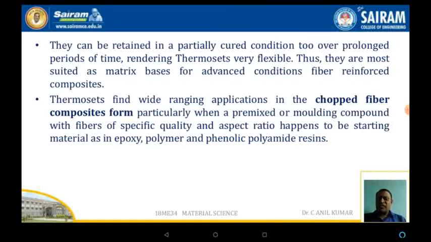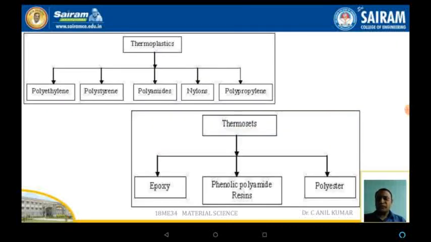Thermosets find a wide range of application in chopped fiber composition form, particularly when a pre-mixed molding compound with fiber of a specific quality and aspect ratio is the starting material, such as an epoxy polymer and phenolic formaldehyde resins.